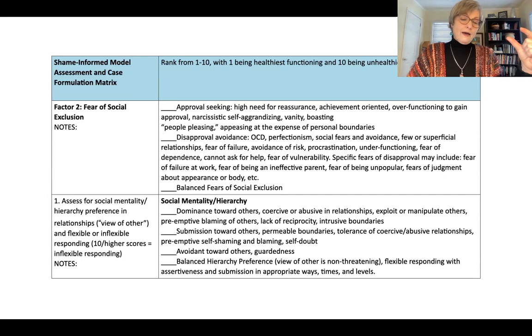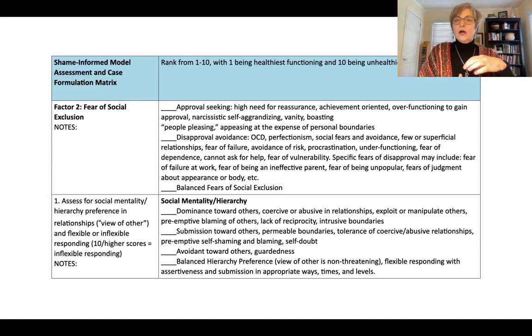The problems we have, if we have a rigid responding in social hierarchy, we may always want to dominate others so that we can control them and be abusive or coercive or manipulative in relationships. These are the other blamers that we talked about in the prior video, as a way to tolerate shame. If a person doesn't tolerate shame well, they're going to be defensive and try to dominate others to avoid incoming shame, right? If I can dominate you and you are submissive, you won't challenge or criticize me.